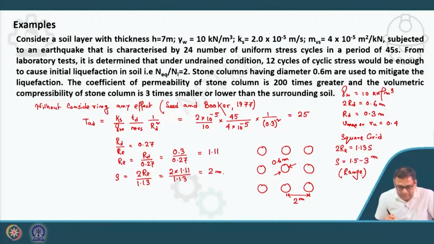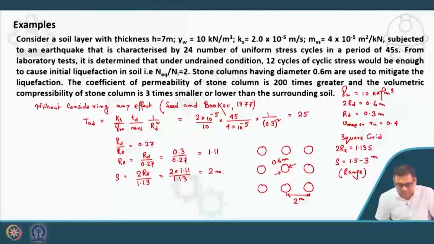So now let's consider those effects. First, the two effects: the stiffness effect and the permeability effect. For that purpose we have to calculate Ks divided by Kc and MBC divided by MBS into H square by C square.